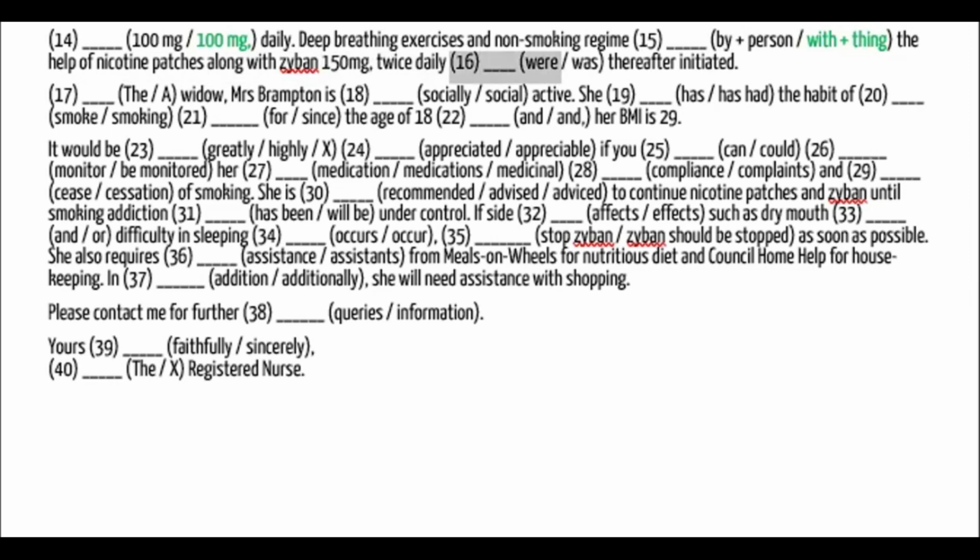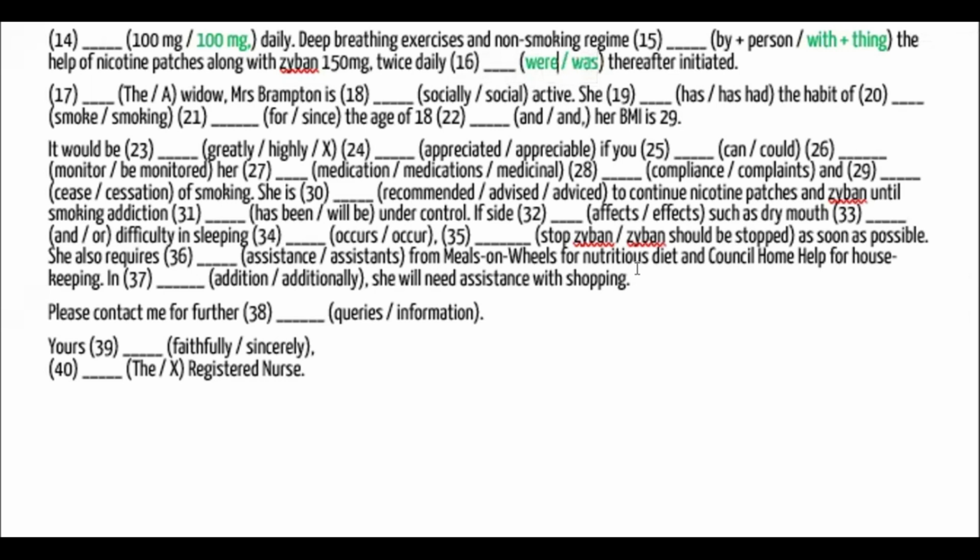Were or was thereafter initiated. Those who have written was or were, you are getting the full score here. Were is also correct. Was is also correct. You know the reason? So here, why were is also right, why was is also right.